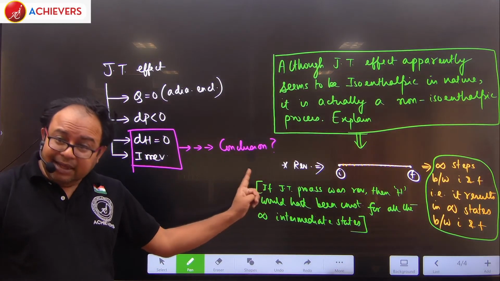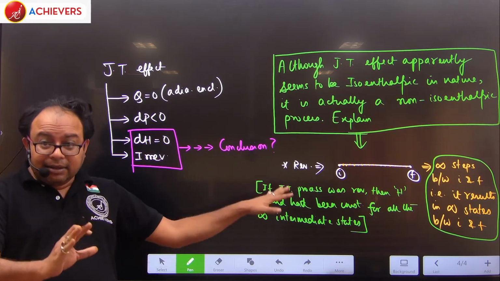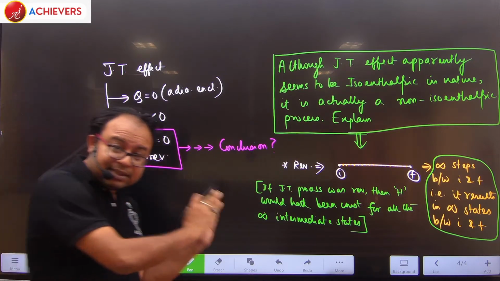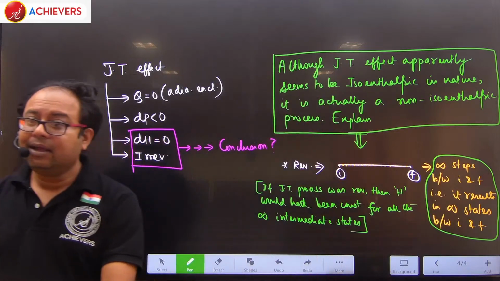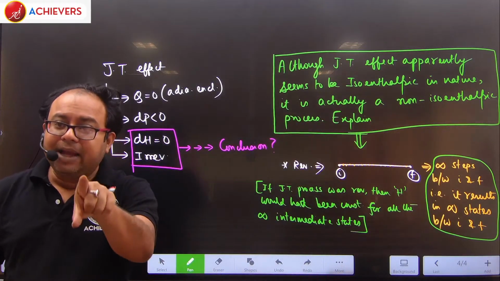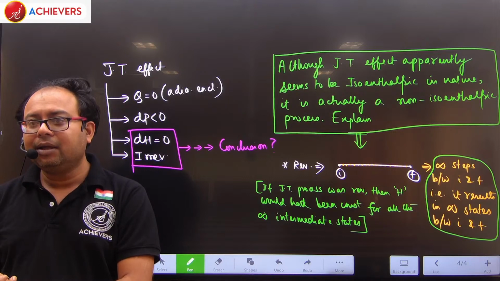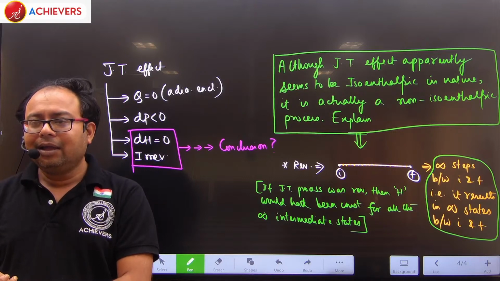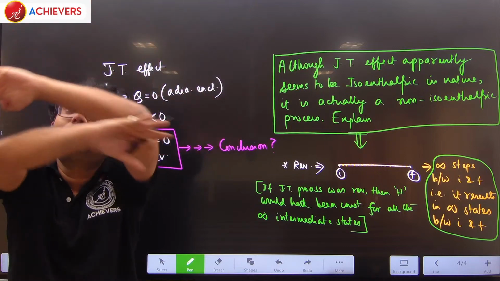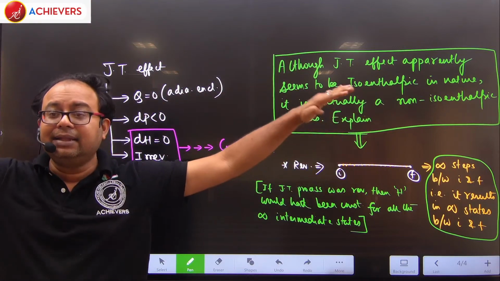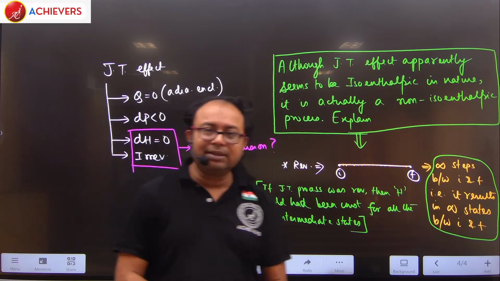If this condition holds true, then a process will become truly isenthalpic. If H is maintained constant throughout the process, then only it is truly isenthalpic.